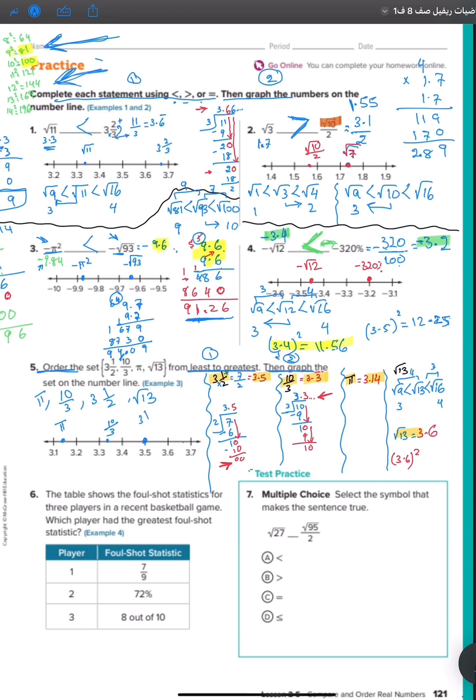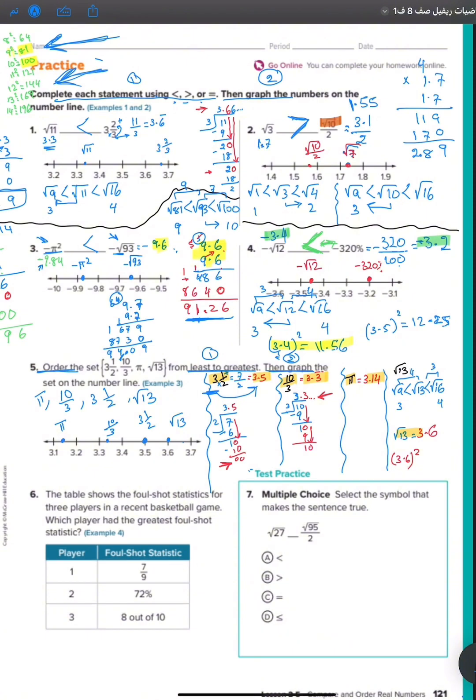Also the square root of 13 is 3.6, it will be exactly 3.6 here. Some students can write directly like this. It's okay. We finish order and we finish graph.